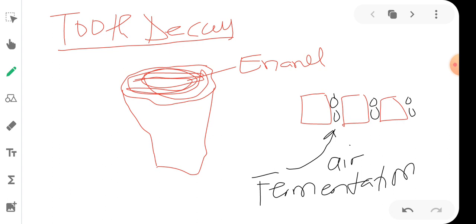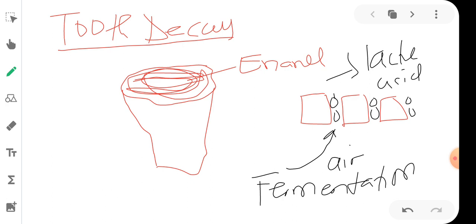Once those particles undergo fermentation, they produce acid, known as lactic acid.